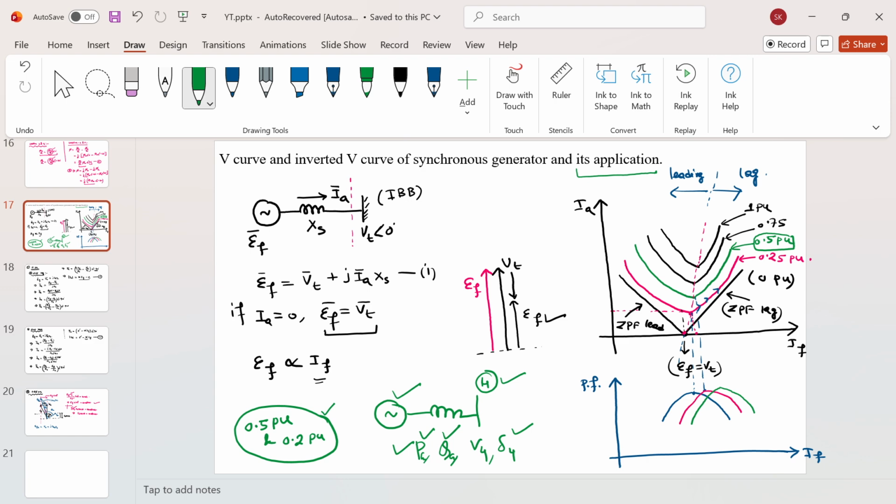To deliver that, I have these graphs, from the power factor graph or inverted V curve graph, I will know what operating power factor this generator is having, and according to my requirement I can adjust the field current. Let's say my field current will be somewhere here, so my field current must be this to fulfill the load demand. So you can say this V curve and inverted V curve is required from a power system operation point of view, also real time operations. So it is very important.